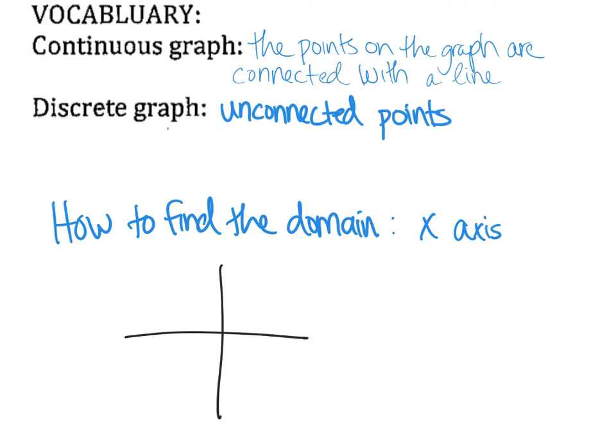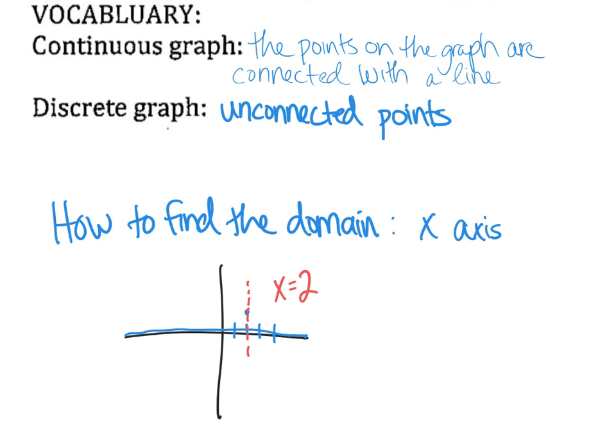When I look at a graph and I want to talk about the domain, what that means is all of the points that are going to, they don't have to touch that blue line, the x-axis, but like if a dot were right here, then what I would say is that this dot is actually on 2.